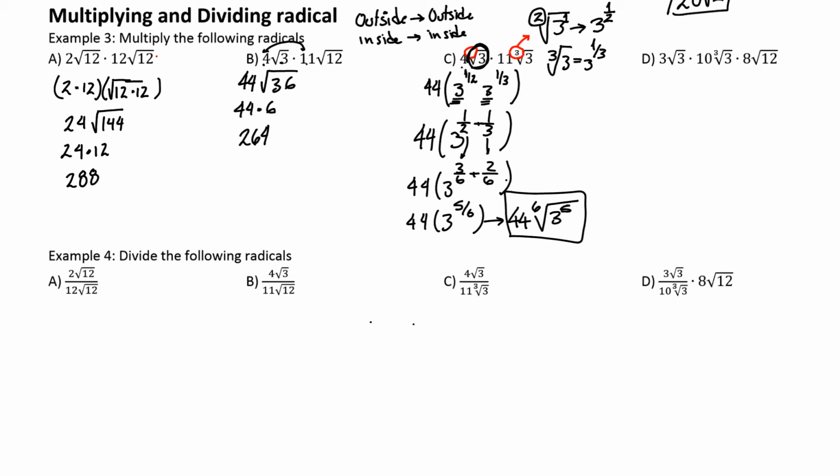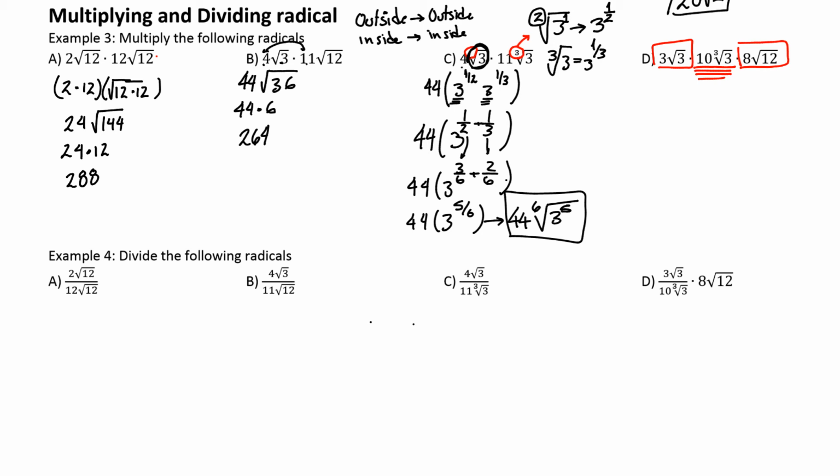So let's go ahead and try the next one. Alright, so for the next one, notice that we won't be able to immediately do 10 cubed root of 3 because we would have to use the method from before. So we're going to avoid that and just multiply the 8 square root of 12 and the 3 square root of 3.